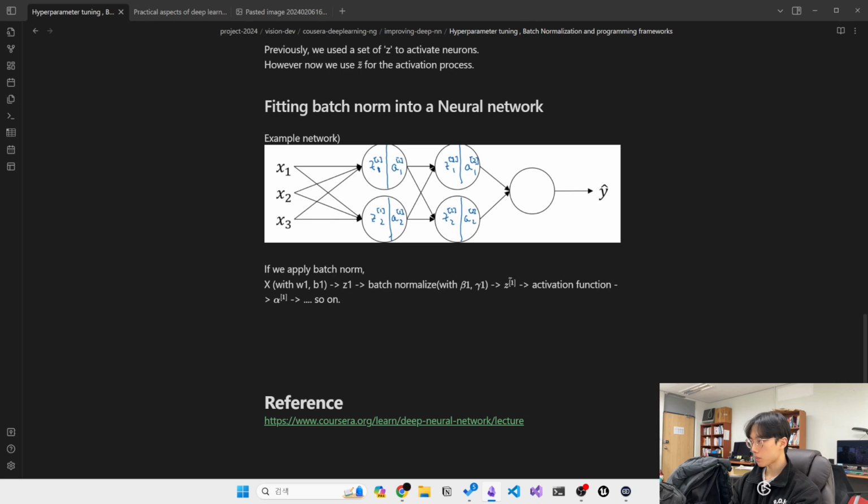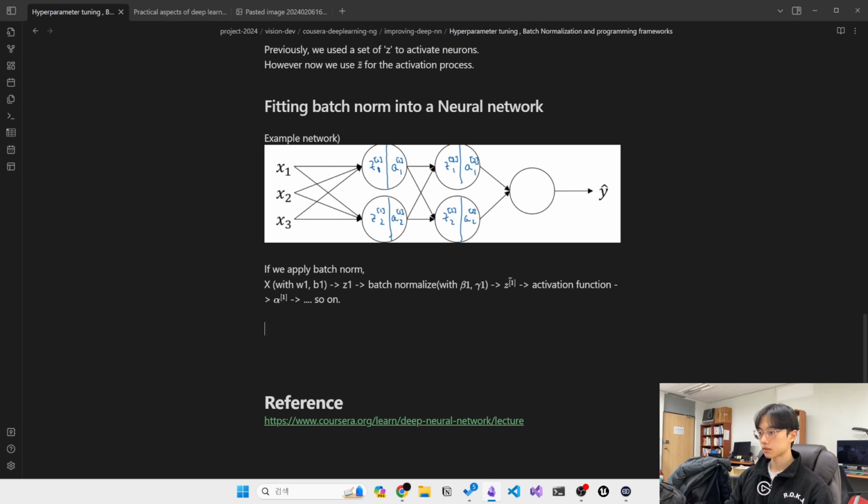And now this gives you Z tilde 2, and you use that to compute A2 by applying the activation function, and so on. So once again, the Batch Norm step happens between computing Z and computing A. And the intuition is that instead of using the unnormalized value Z, you're going to use the normalized value Z tilde. That's in the first layer. In the second layer as well, instead of using the unnormalized value Z2, you're going to use the mean and variance normalized values Z tilde 2.